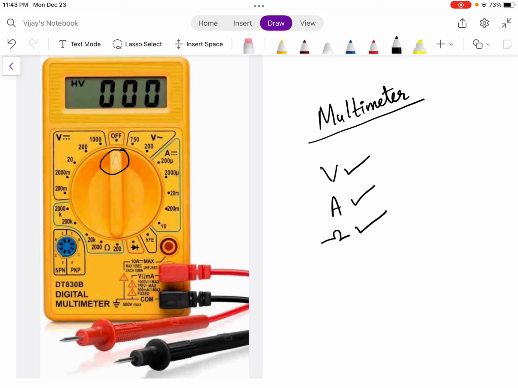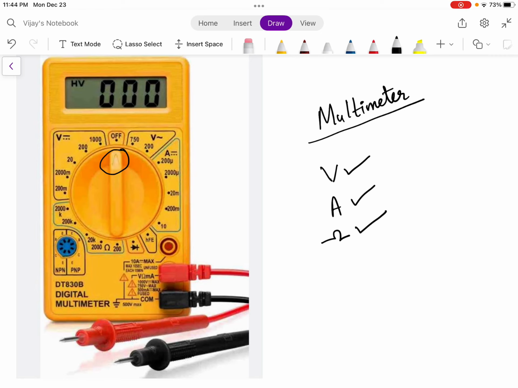So the multimeter is a multi-purpose device which can be used to measure current, voltage and even resistance of a material. Multimeters are commonly used because they can measure more than one parameter. If you want current, voltage, or resistance, any of these can be measured with this multimeter, and digitally it will present whatever the value may be.